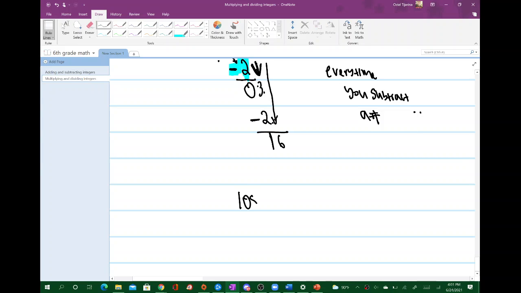So if I have 108 divided by 3, we would say, we have 3, 6, 9, 12. So the closest it can get to is 3. So 3 times 3, that's 9. 10 minus 9, that's 1.